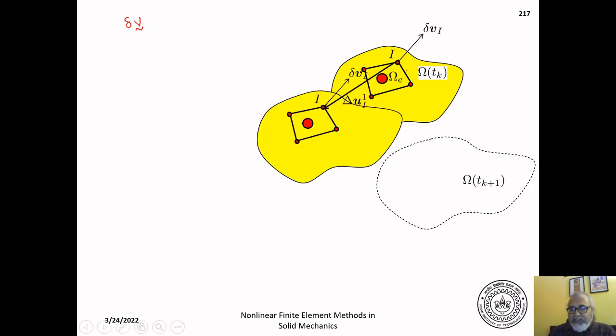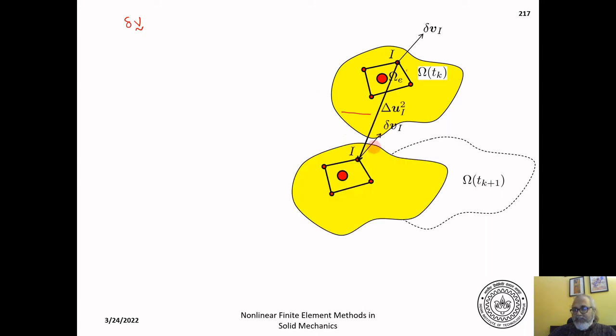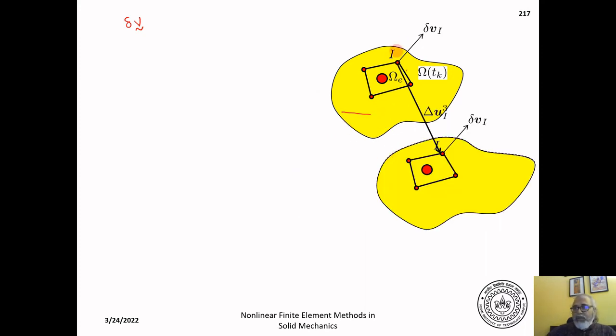Now to do this, what Newton-Raphson does is it does several iterations. In the first iteration, where the delta u comes out to be delta u_i^1, that means delta u at node i at the first iteration brings it here, the second iteration brings it here, and the third iteration brings it here, but all the while this virtual velocity is not affected by this quantity and remains the same.